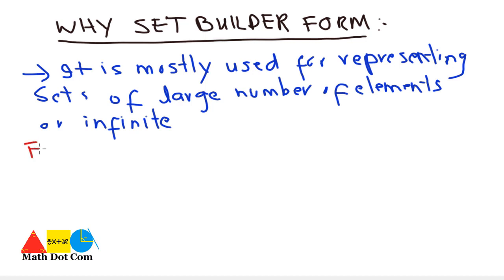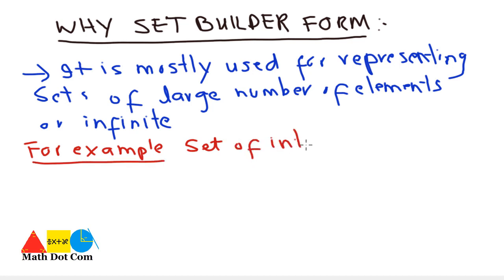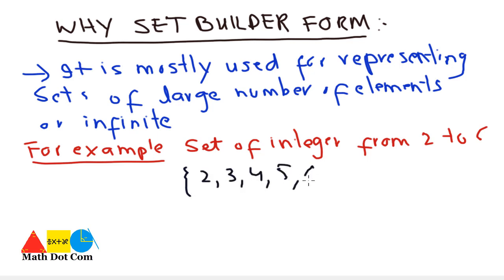For example, we have a set of integers from 2 to 6. How can you represent it? You can represent it as 2, 3, 4, 5, and 6 in tabular form.